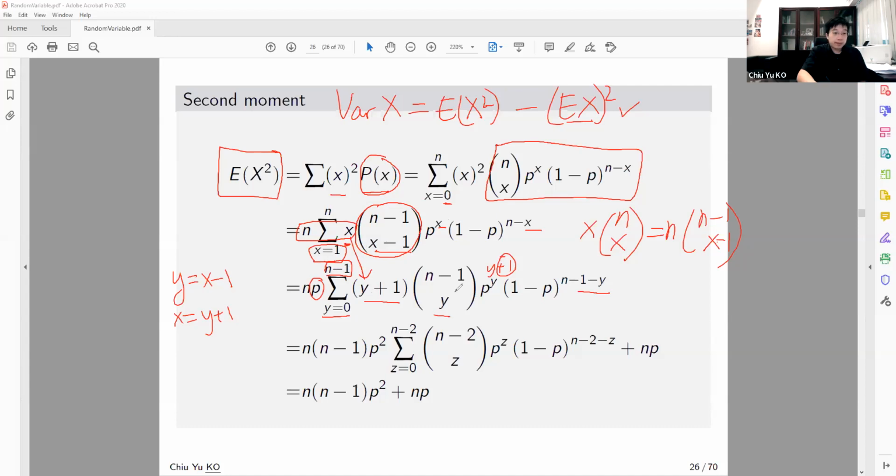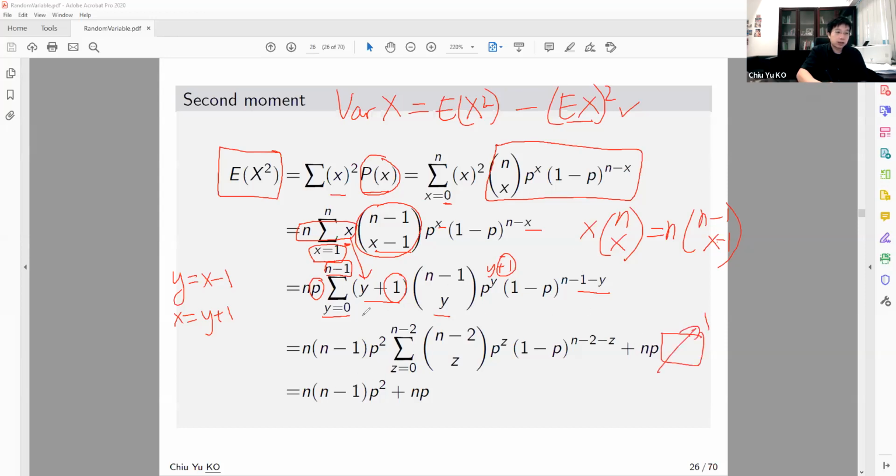Okay, and you have 1 here. I would put p out, and you can see this is the same step as before. This is the sum of the binomial n minus 1, so that's y is 1, so you don't have this thing here because this is 1.